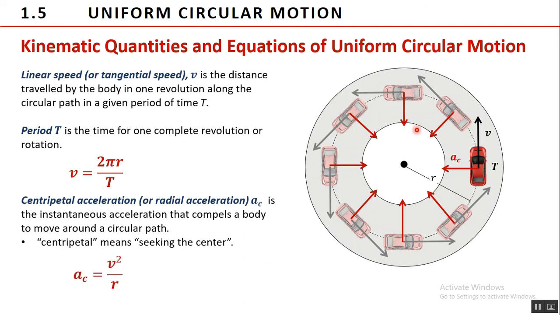The word centripetal means seeking the center. Therefore, the direction of centripetal acceleration is always towards the center of rotation. Centripetal acceleration can be computed by dividing the square of linear speed v by the radius of the circular path. Another formula can be derived by substituting 2 pi r over t for v, so centripetal acceleration is also equal to 4 pi squared times r divided by the square of the period t.